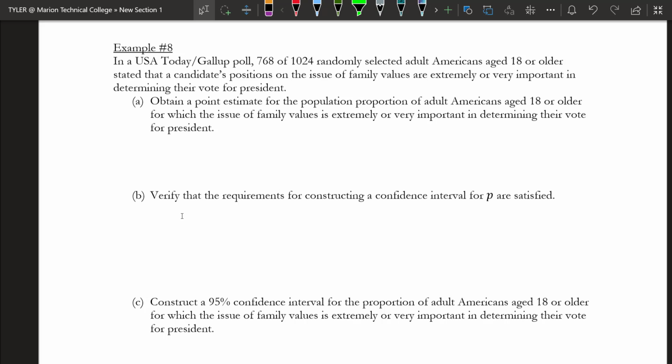So first, let me just label some of the information given to us, right? This 768 is going to be my X value, right? Those are the number of people that fit that characteristic we want, where their family values are extremely or very important. The 1,024, that's my sample size, that's N.